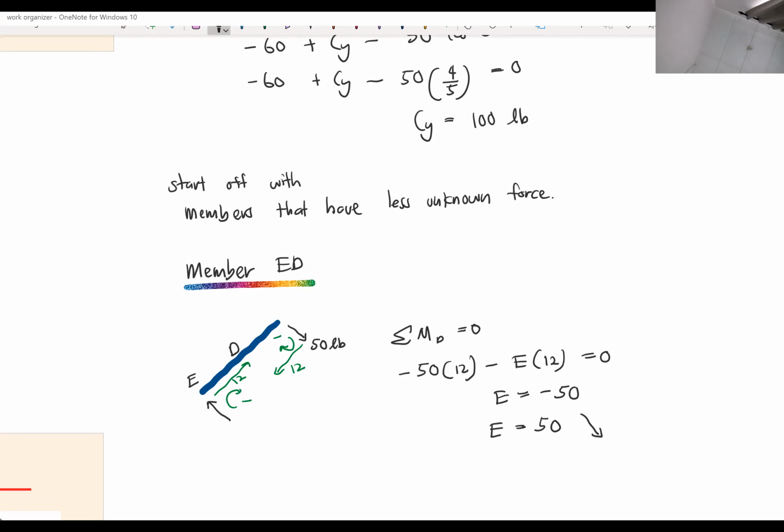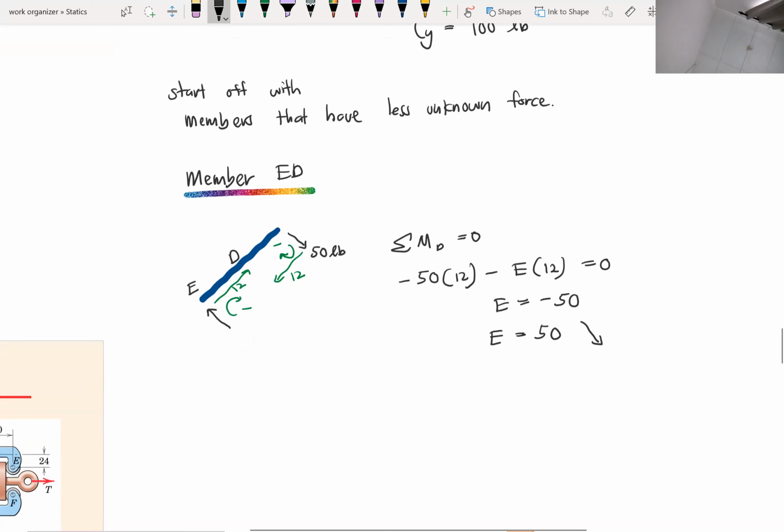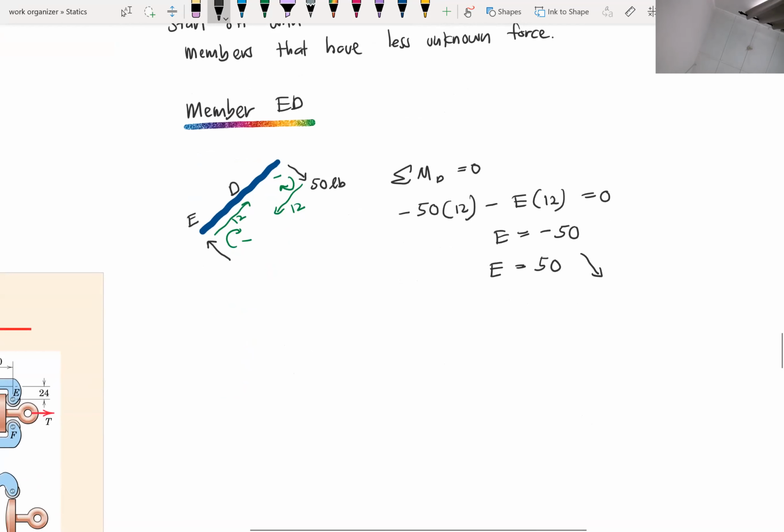Then we do summation of Fy, vertical, equal to 0. This way is positive. Since it is wrong, we have to correct this one. So it is like this, and the value is 50.